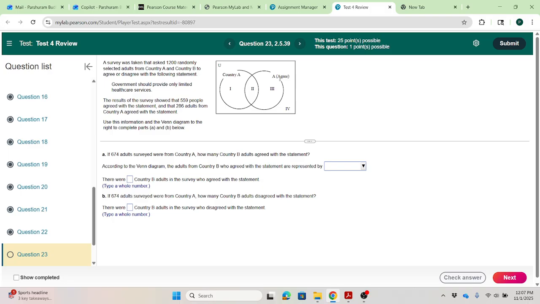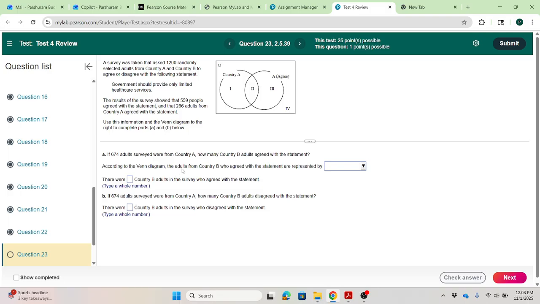The result of the survey showed that 559 people agreed with this statement. Out of 1200, 559 they agreed with this statement, and that 286 adults from country A agreed with this statement. So agree goes here. So 286, that means region 2, right? And then 559 minus 286 goes in region 3.